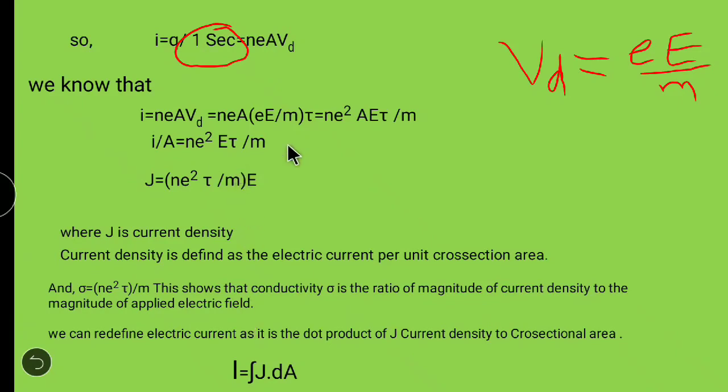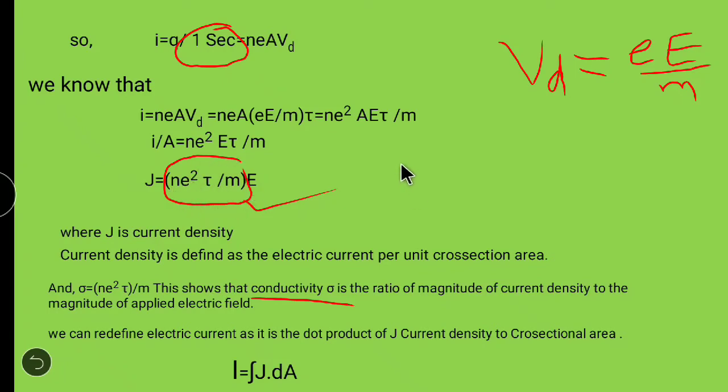Students, this quantity is called what? It is called conductivity. Students, in class 10 you have been taught resistivity. The reciprocal of resistivity is called conductivity. So this thing I will elaborate after some time, but for now this is conductivity.